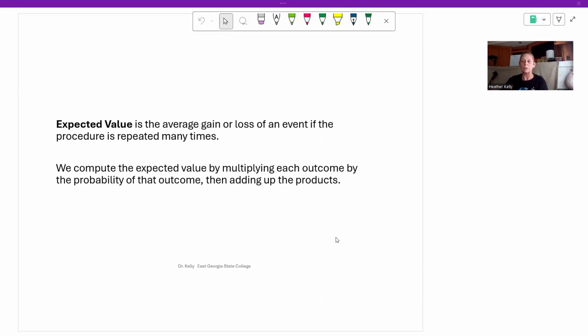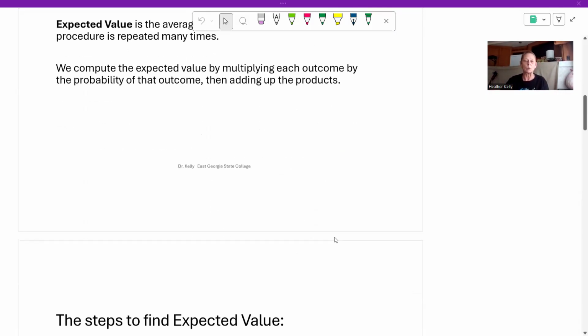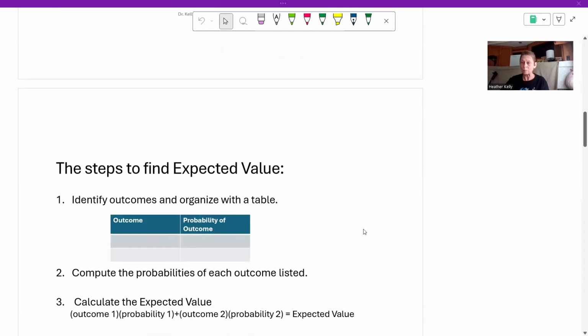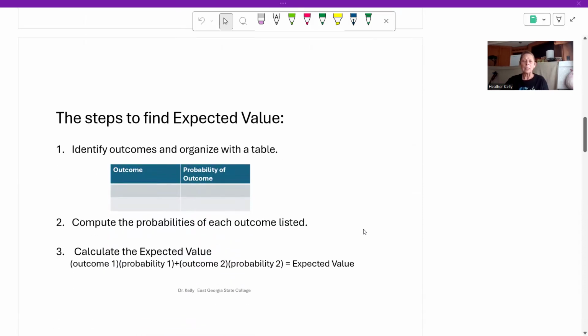I have five quick examples for you today. Here are the steps. Of course, you don't have to use a pretty table like I have here. You could write outcome and probability like this. I just made it pretty with a table.